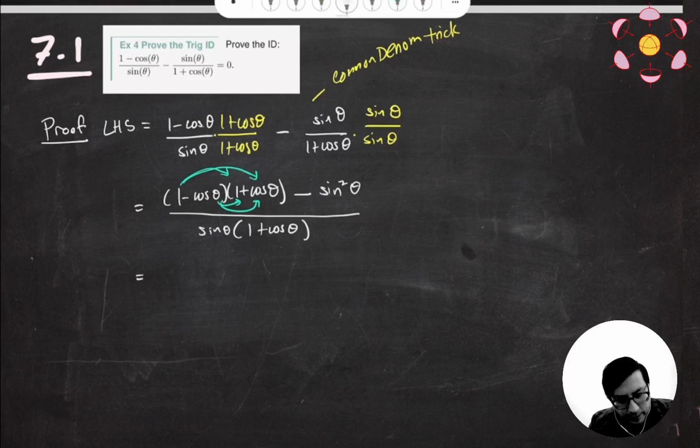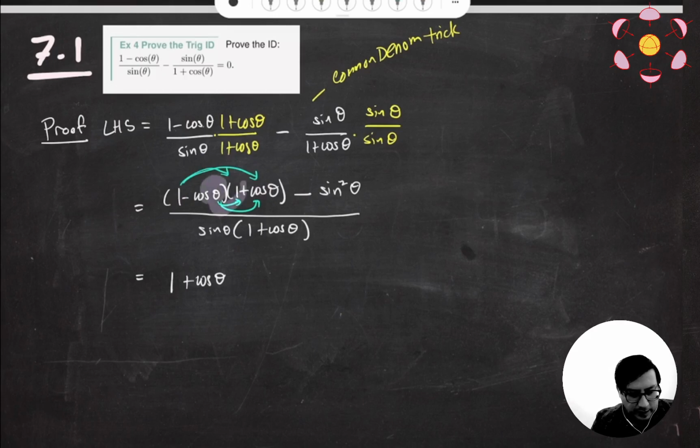What do we get? If we FOIL, we're going to get, so let's see, FOIL from the top, 1 times 1 gives us 1. And then for 1 times cosine theta is going to give us plus cosine theta. All right, let's FOIL from the bottom.